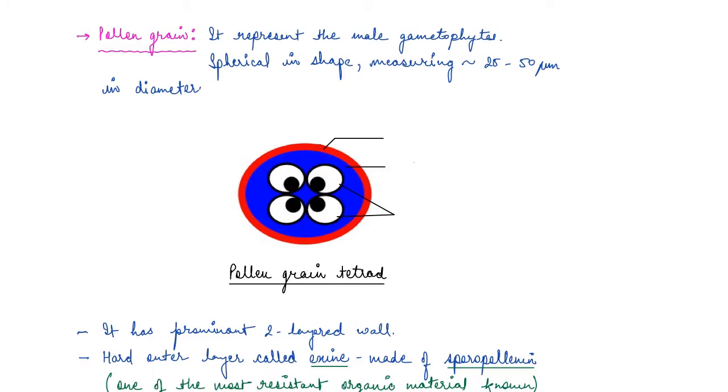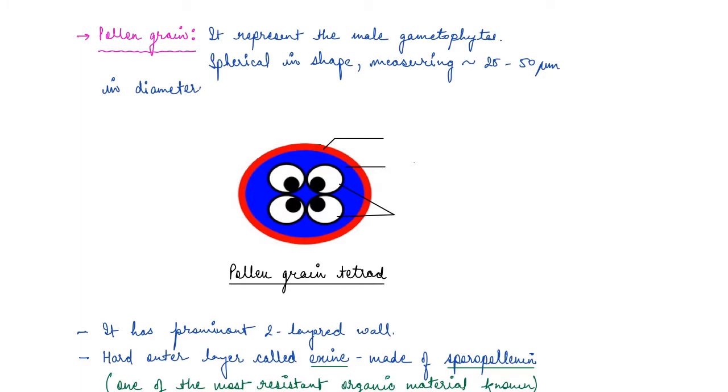They have a prominent two-layered wall. The outer covering is hard and is known as the exine, and the inner covering is the intine. Remember that the exine is made of sporopollenin.